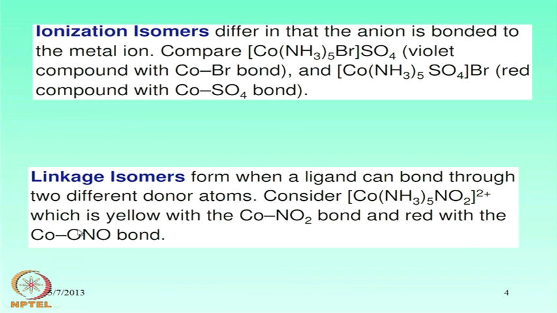But the second category of this type of isomerism is the linkage isomers, when the ligand can form a bond through two different donor atoms.